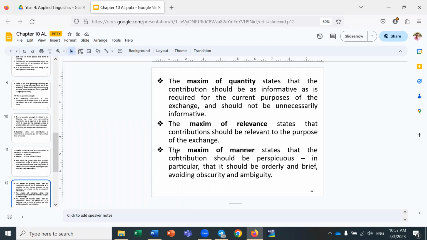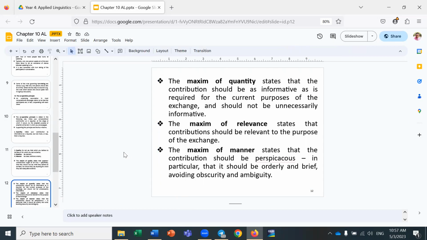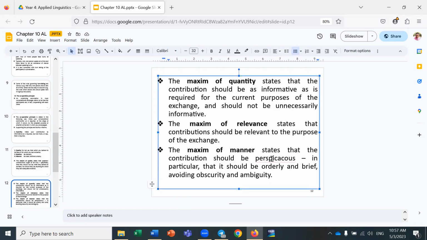states that the contribution should be, let me change the spelling of this. Perspicacious, I mean something which is easy to understand.